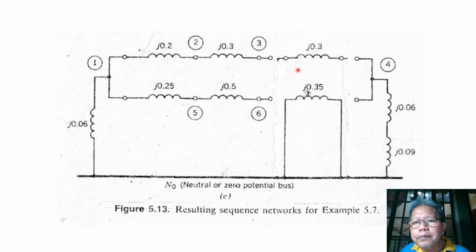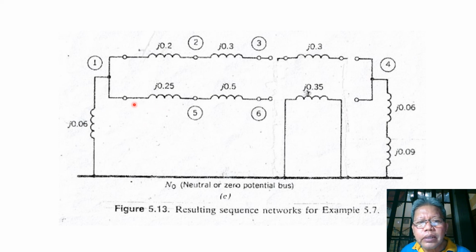And then for transformer 2, we have YY ungrounded, so at the primary it's open, and in the secondary winding it is also open, so open.